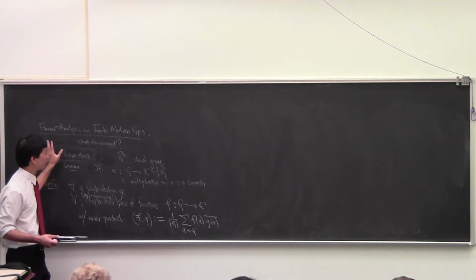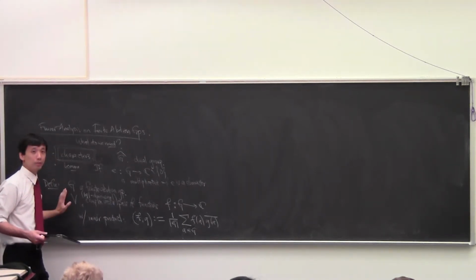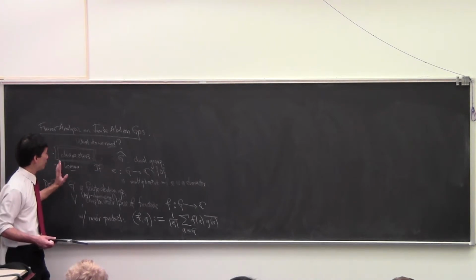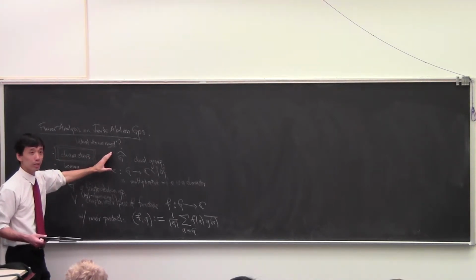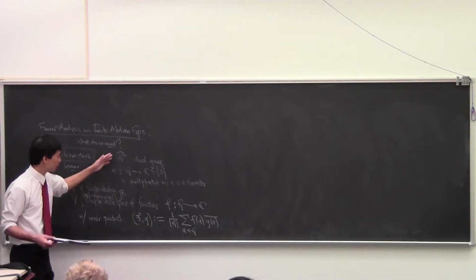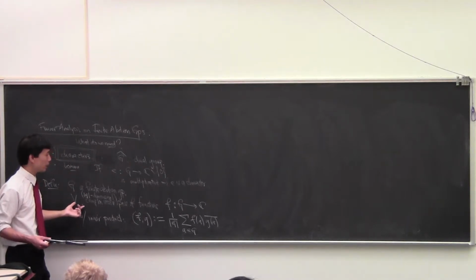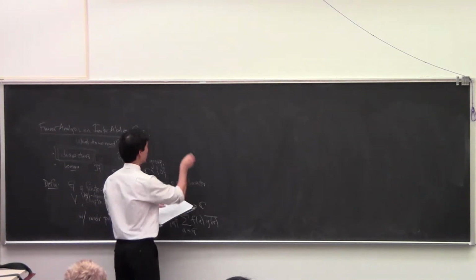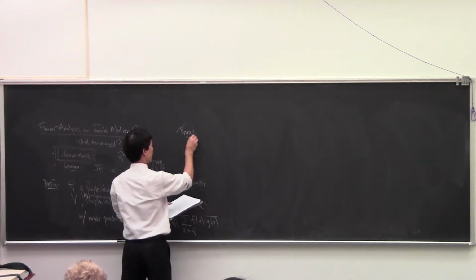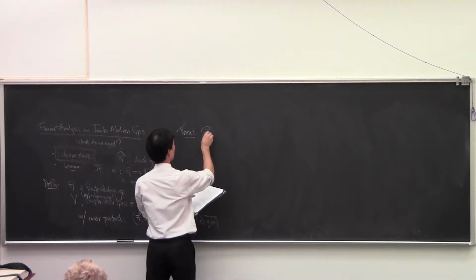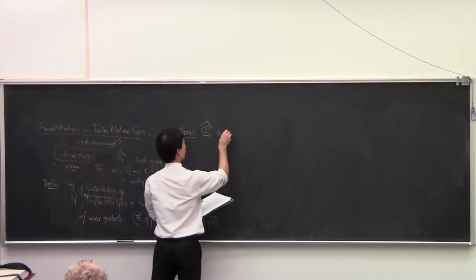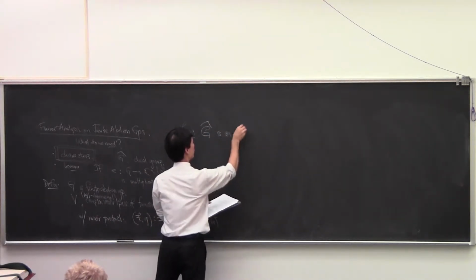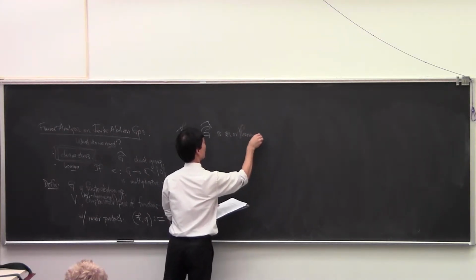So we have our group, we have the vector space, and we have the dual group of characters. And what we're hoping is to be able to reconstruct guys in the inner product space by using the characters. The first thing that we're going to need is that the dual group is an orthonormal family.